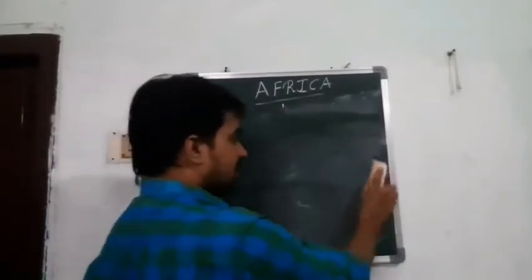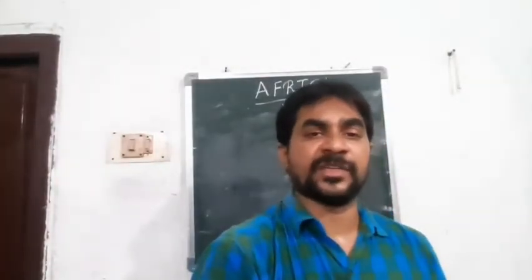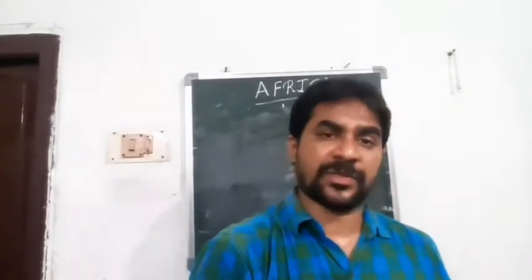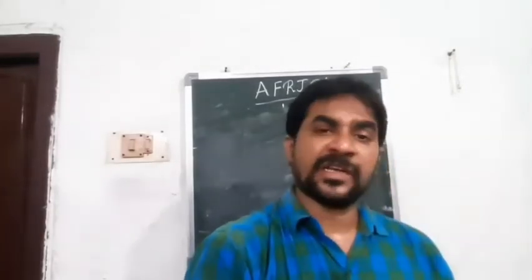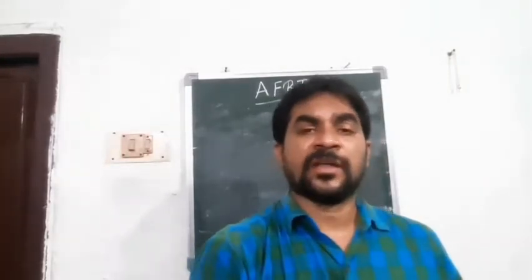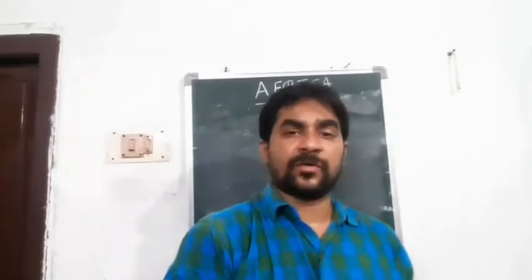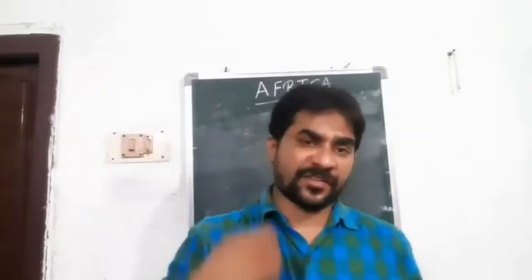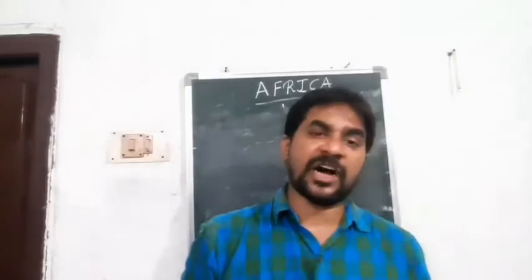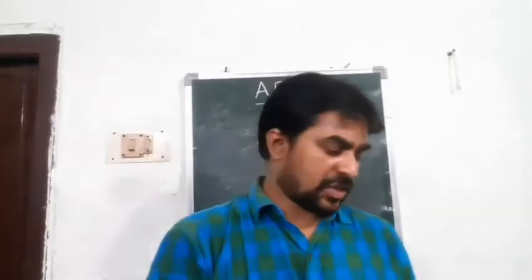So one more time, try to understand what I explained. First I explained the greatness of Africa, then the location of Africa and what is called Africa. Then I explained where the plains can be found in the region of Africa, and how the rainfall is, medium rainfall, high rainfall, low rainfall, all these things.